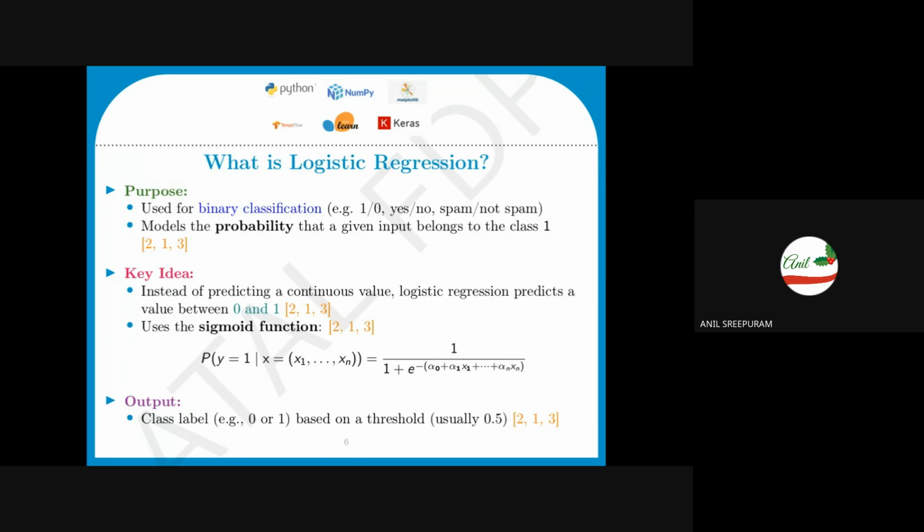So we will be given labeled, input-output pair data, and using this data we want to find these parameters alpha 1, alpha 2, etc., alpha n.